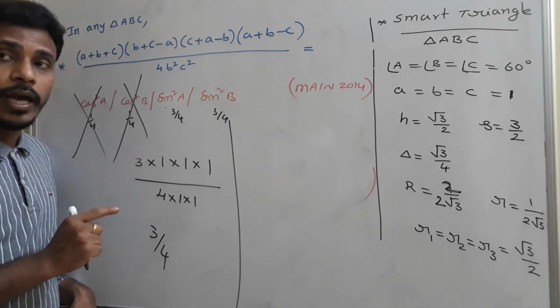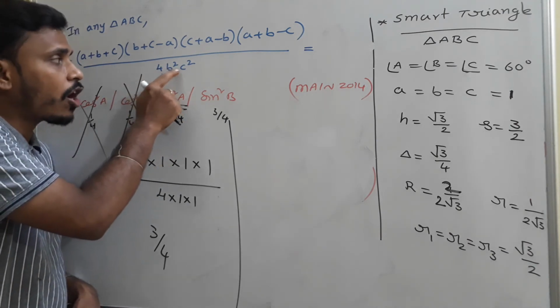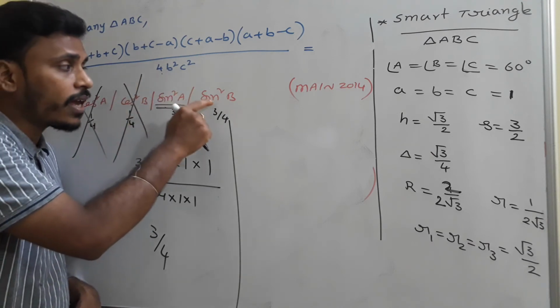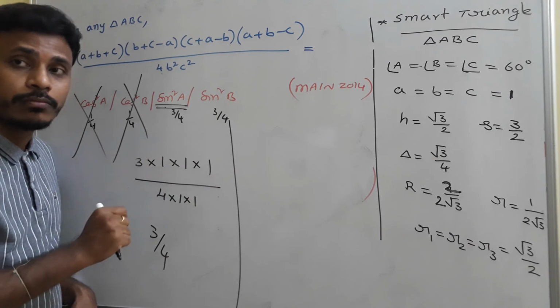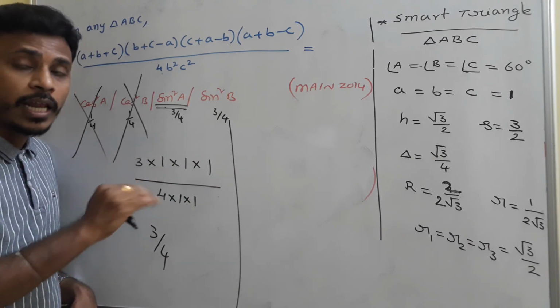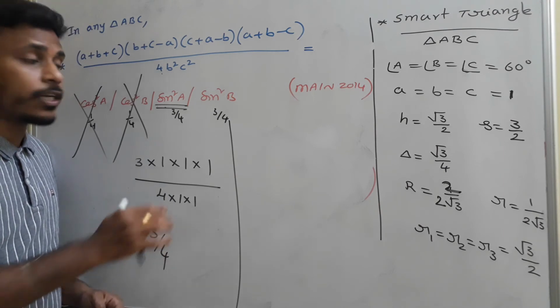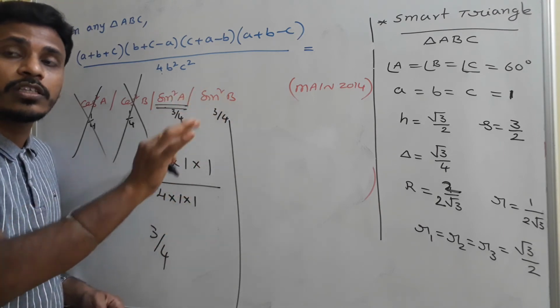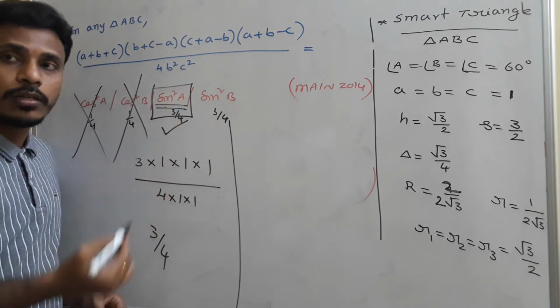In any general triangle, b and c may not be equal. And that's why for sure your option is sin square a. That is your answer. Okay?